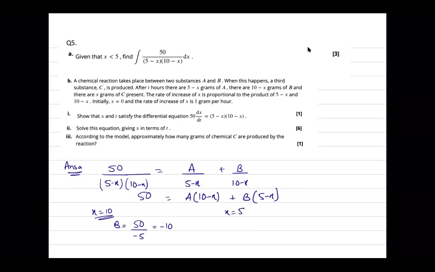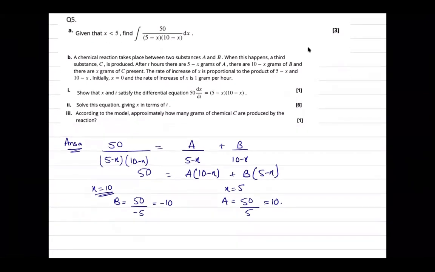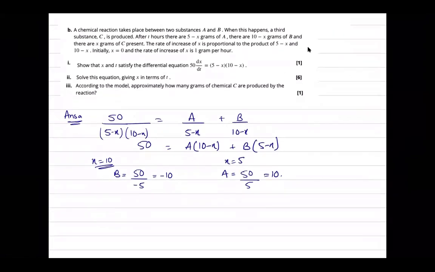When x is 5, a comes out to be 50 upon 5 plus 10. So a was 10 upon 5 minus x minus 5, minus 10 upon 10 minus x.